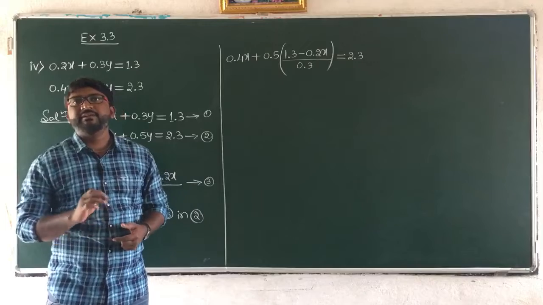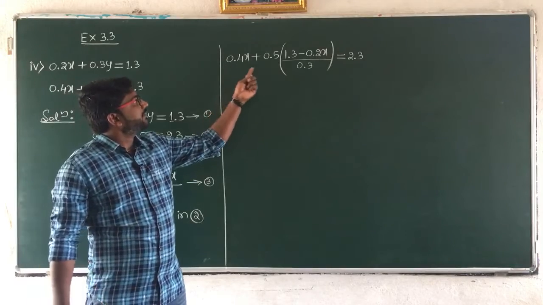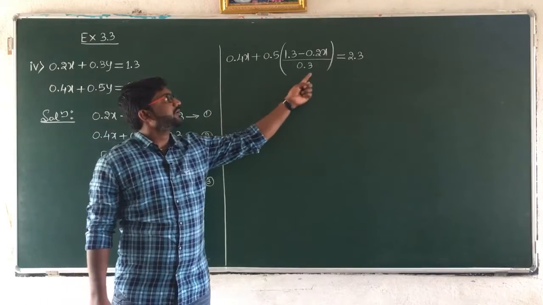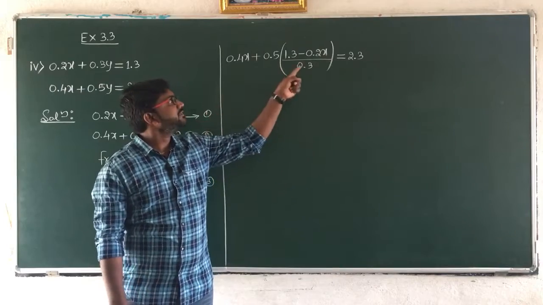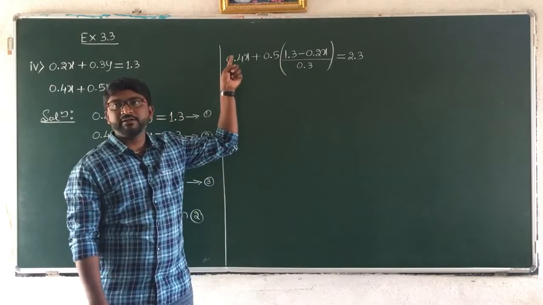Let us take the LCM. The LCM of 1 and 0.3 is 0.3, and this term will be multiplied with 0.4.